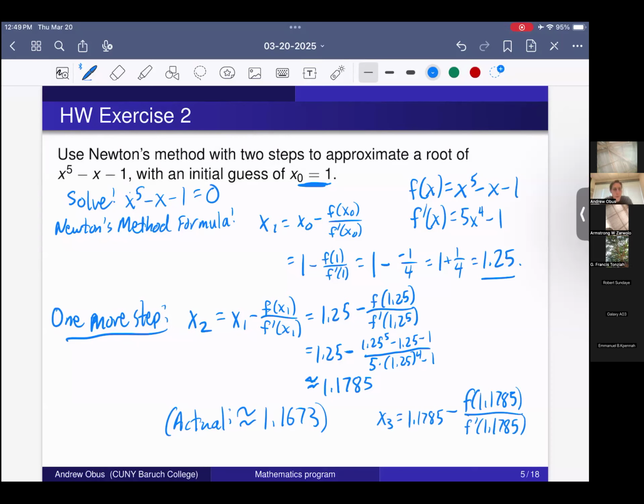And you could do that one more time. I'm not going to do that, but maybe I'll leave it as an exercise for you to see that this will get you an approximation that's even better to the actual root.